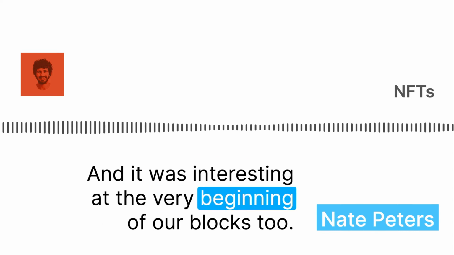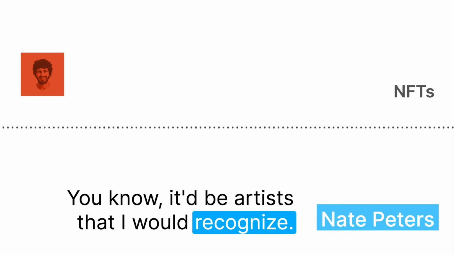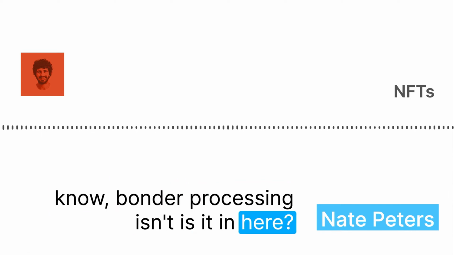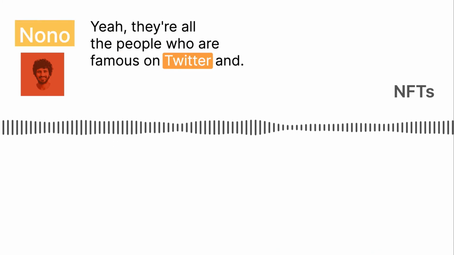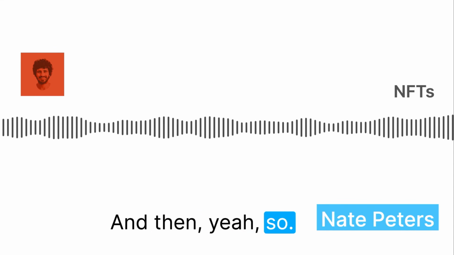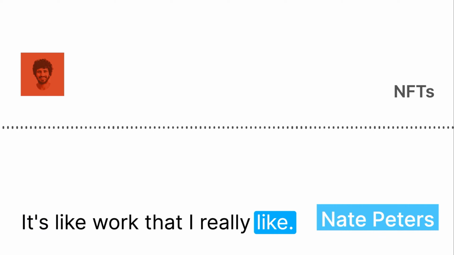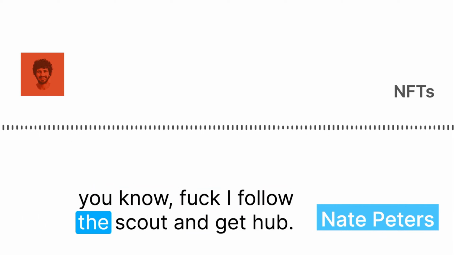It was interesting at the very beginning of our blogs too, because it'd be artists that I would recognize the name of, like, Casey Rios, founder of processing is in here. Tyler Hobbs, yeah, Matt Delorier, yeah, they're all the people who are famous on Twitter and yeah, so it's, and Kyoto Goldie, like, and it's like cool stuff. It's like work that I really like. And it's interesting to see. It's like, all these guys are just like selling, if I follow this guy on GitHub, right?